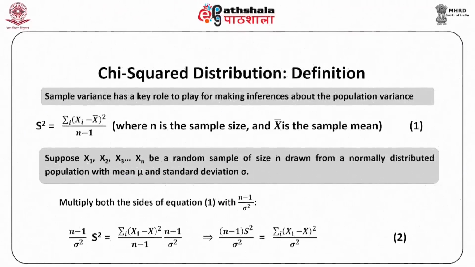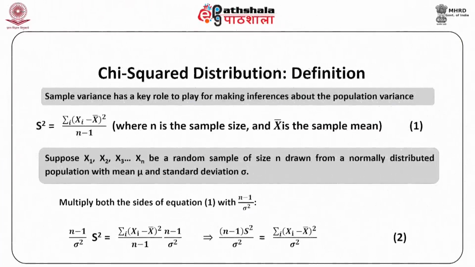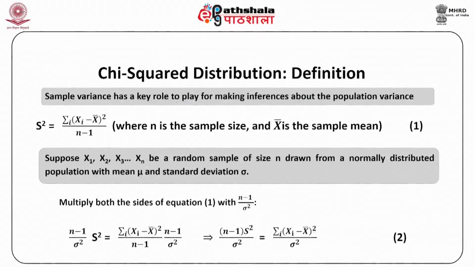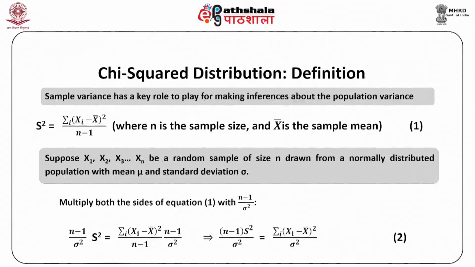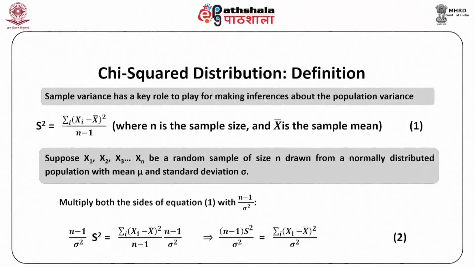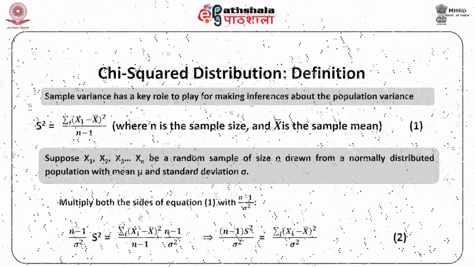Suppose now x1, x2, x3, up to xn is a random sample of size n drawn from a normally distributed population with mean mu and standard deviation sigma. If we multiply both sides of equation 1 by n minus 1 upon sigma square, it can be rewritten as (n minus 1) upon sigma square into S square is equal to the sum of (xi minus x bar) square upon n minus 1 into n minus 1 upon sigma square.